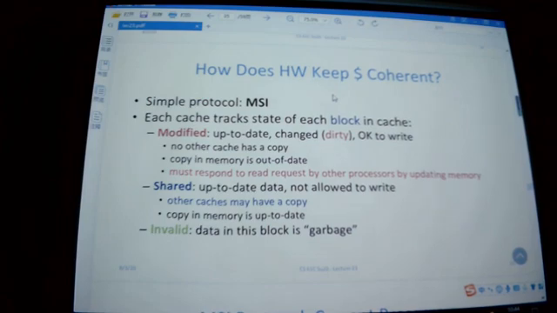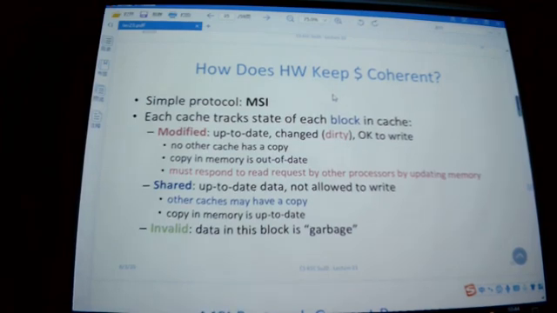Modified is up to date, changed, or okay to write. Changed is equal to dirty. The dirty data doesn't mean the data is bad. The dirty data is duplicated data or changed data.